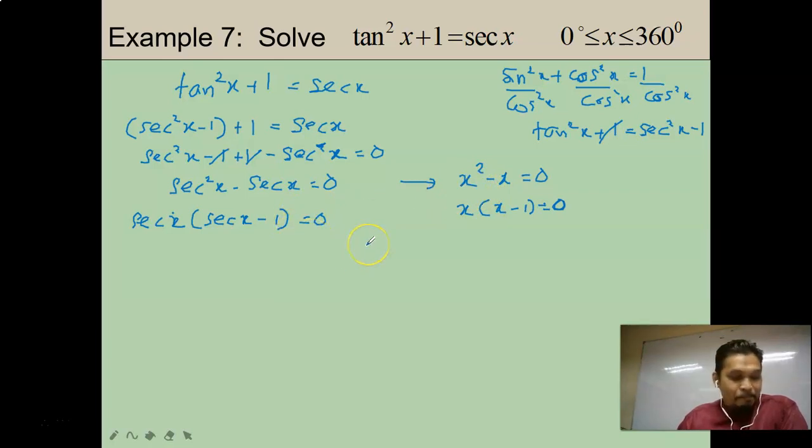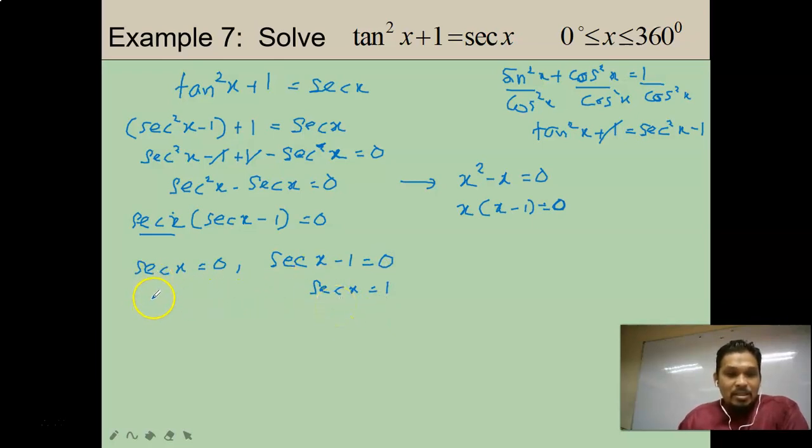So first is secant x equal to 0, and next is secant x minus 1 equal to 0, then secant x equal to 1. Secant is 1 over cos.